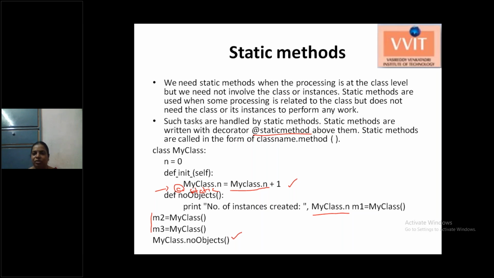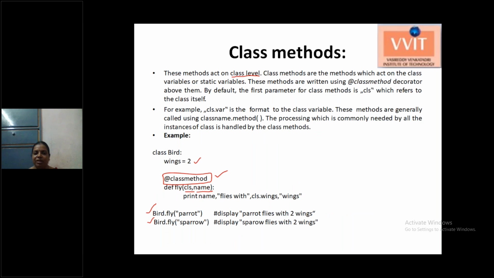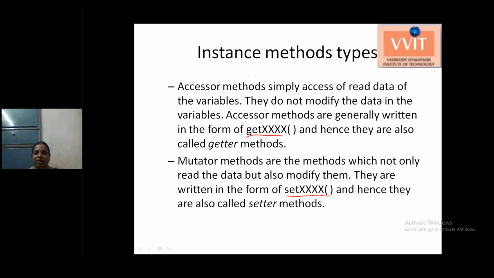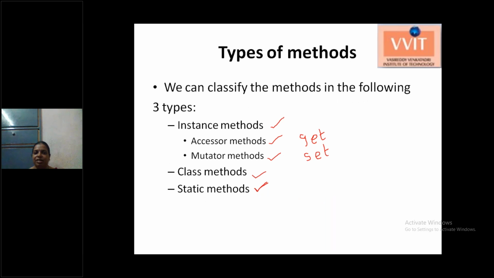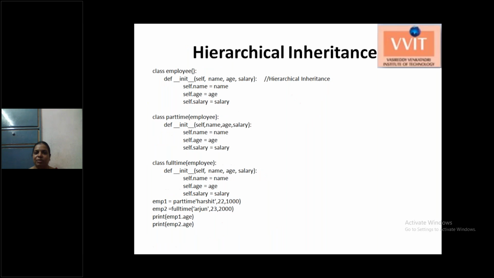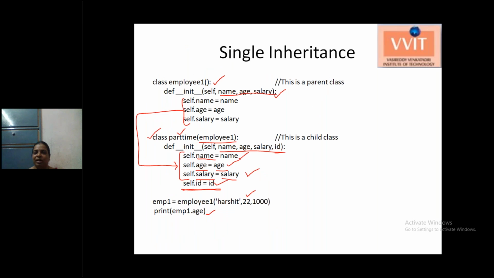So by this our today's topics are over. We have learned the different types of methods: static methods, class methods, accessor and mutator methods, and instance methods. And multiple inheritance types: multiple, hierarchical, single and multi-level inheritances.